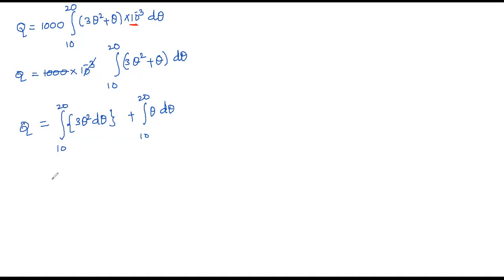So here next step, this 3 is constant, so I am taking it out again: 3 integration of theta square d theta plus integration theta d theta, from 10 to 20, this is also from 10 to 20, right? So let's see ahead.